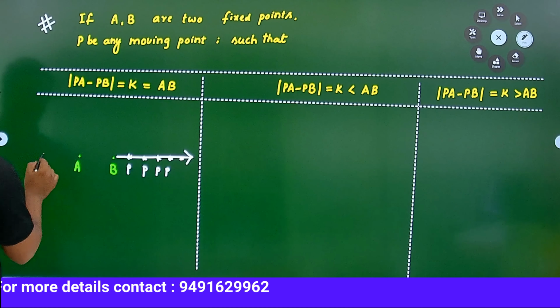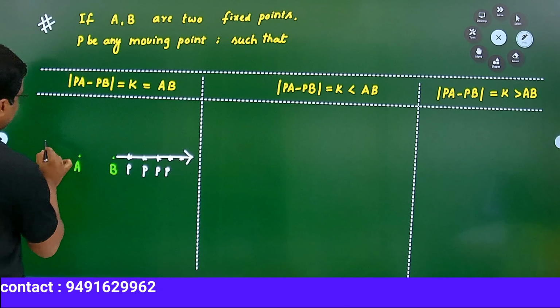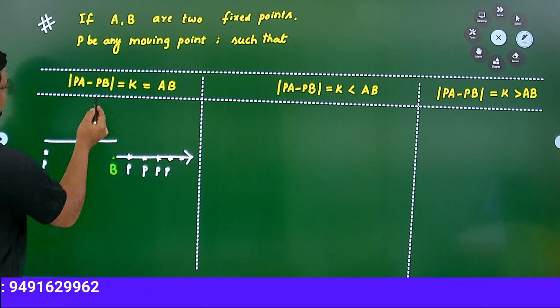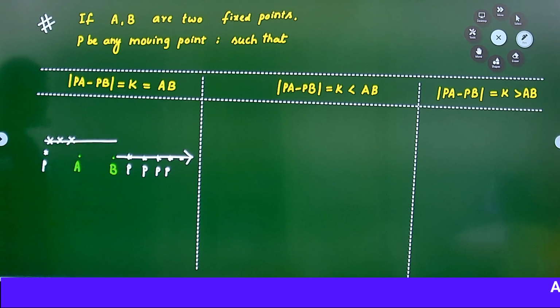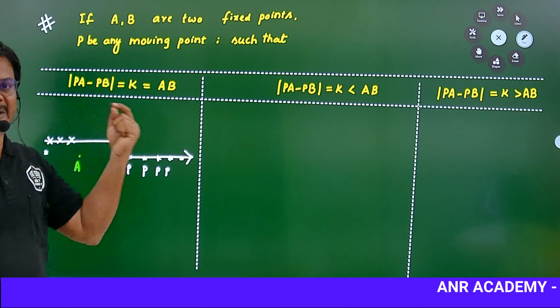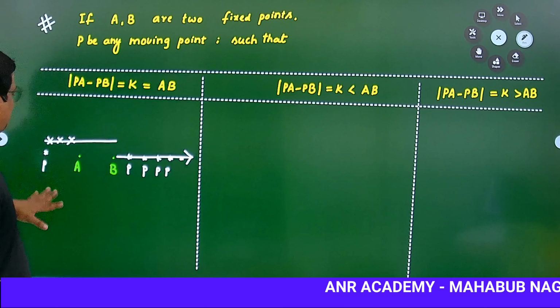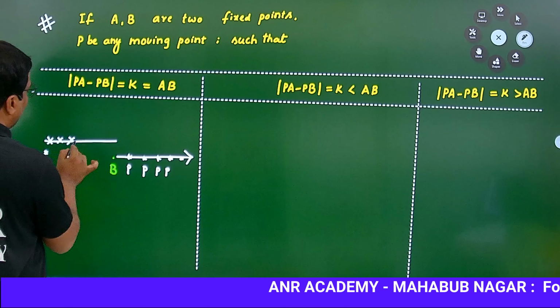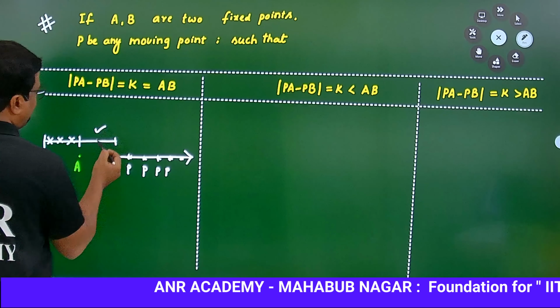In the same way, if you select on the left hand side a point P here, this is the distance from P to B and from which I am going to remove the PA part. Mod PA minus PB is nothing but you may remove PA from PB or PB from PA. So from PB if I remove PA up to A, then what we get? AB.